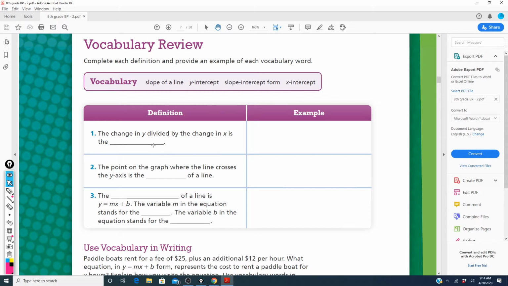So the change in y divided by the change in x is going to be the slope of the line. So let's start with this.